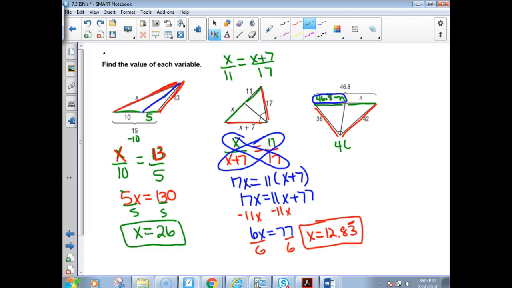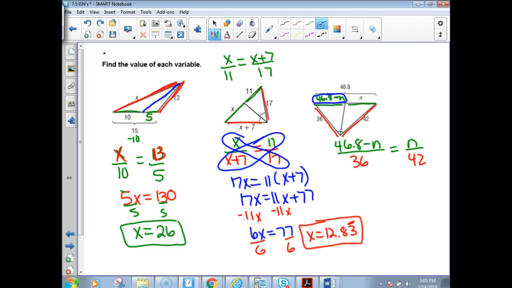So I'm going to do 46.8 minus n is to, now if you want to do the vertical ones, write it so it's set up like a fraction already on the picture. I hope you follow what I mean by that, right? This over this equals this over this. I'll do my n on top. I'll put my 36 on the bottom and my 42 on the bottom.